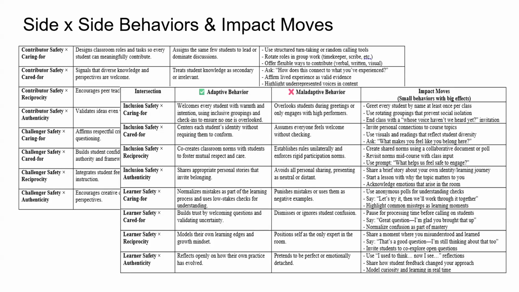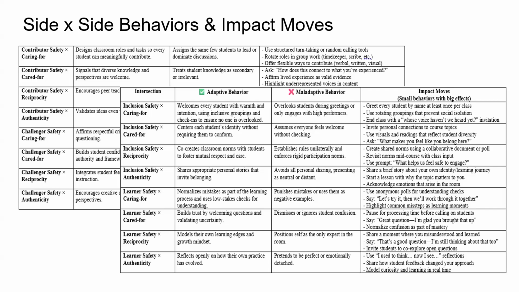So here, I have side by side the adaptive and the maladaptive behaviors that we looked at. And if you look in the last column where it says impact moves, small behaviors with big effects, we have here some examples of things that you can do to move towards the more adaptive, more responsive, culturally appropriate behaviors that will engage your students.